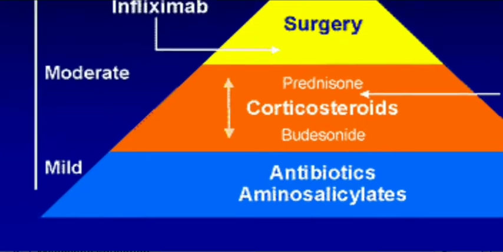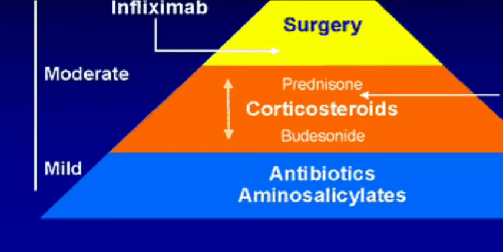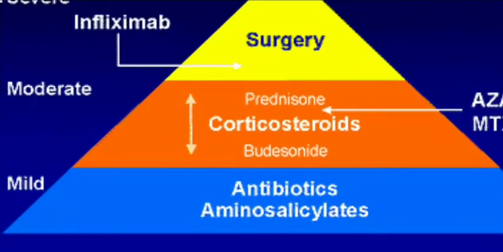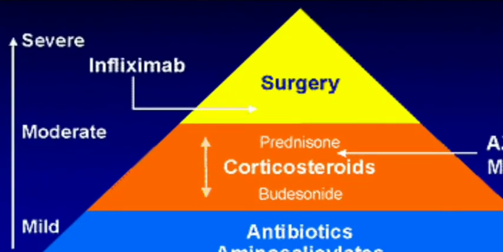The second is corticosteroid, the drug of choice in most Crohn's disease patients to achieve remission: systemic corticosteroids, prednisolone, methylprednisolone. And lastly, immunomodulators are used in moderate to severe disease to induce or maintain remission. Non-biologic ones like azathioprine, methotrexate, cyclosporine.